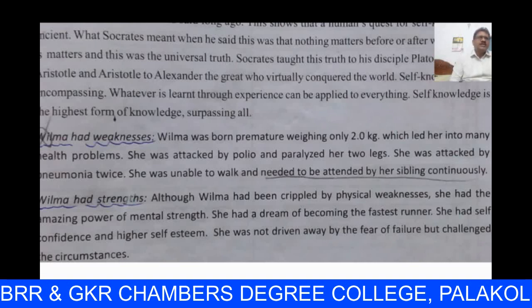Her weight was only 2 kgs, which led her into many health problems because she was a premature baby. She faced many health problems, and she was attacked by pneumonia, which paralyzed her 2 legs.